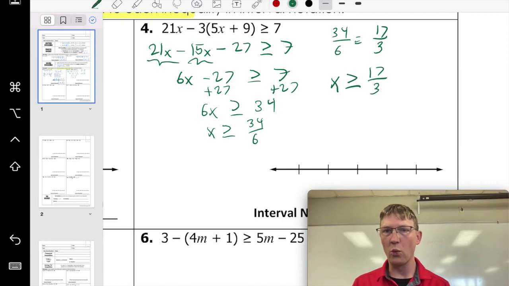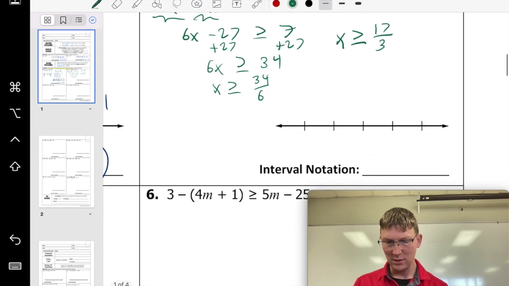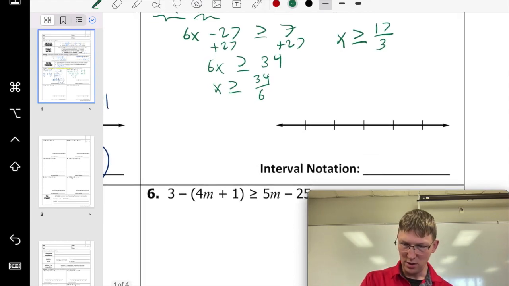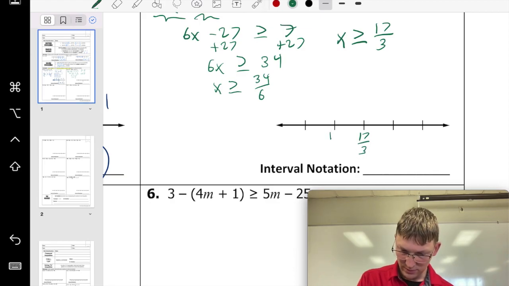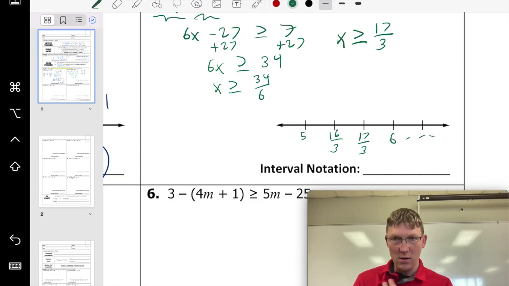So that's a weirdo number. It's in between 5 and 6. So if we were to label our number line, I guess we can do like 17 over 3, 16 over 3, and just call it 5, 6, and so on.